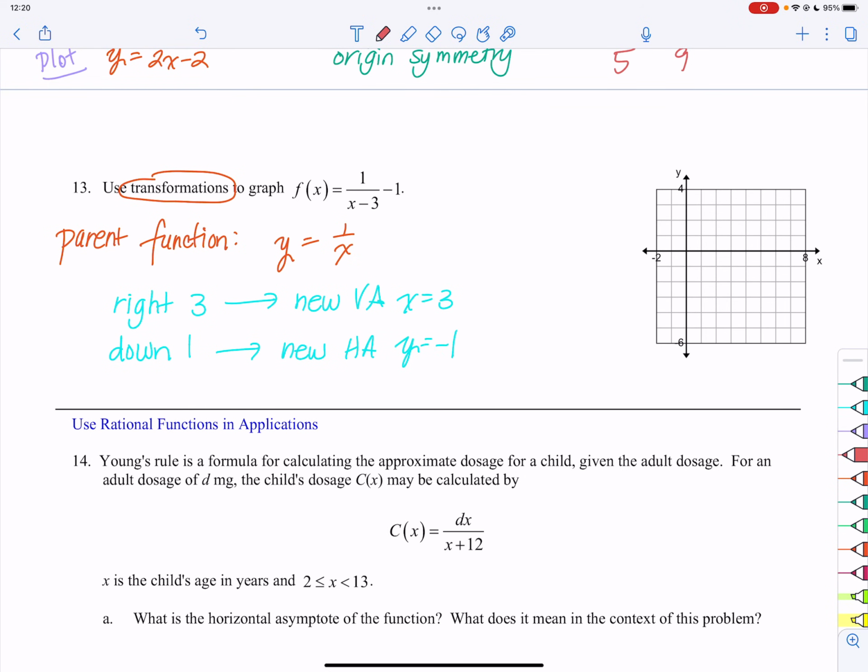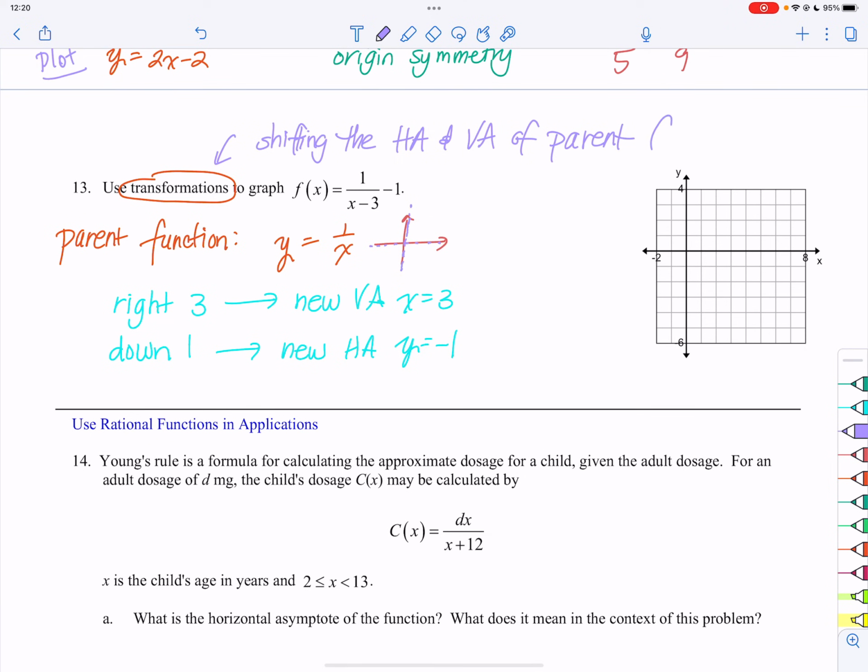And I say this because this parent function has a vertical asymptote here and a horizontal asymptote here. So we're actually shifting the horizontal and vertical asymptote of the parent function.